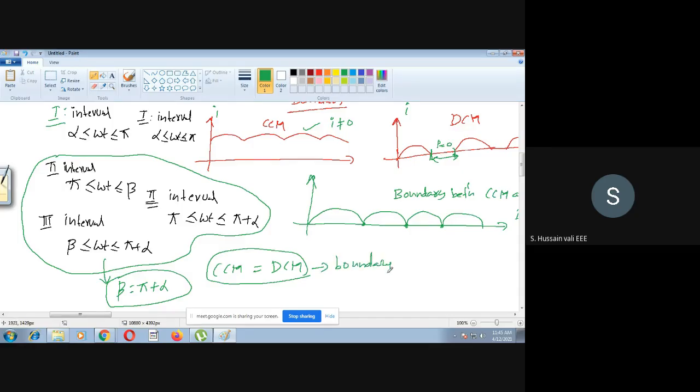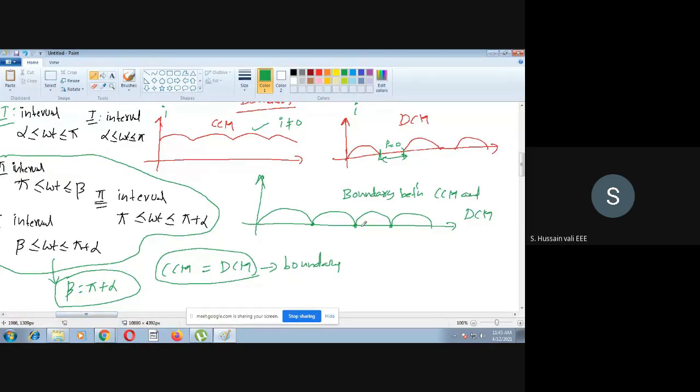One thing to understand here is what is meant by boundary. In continuous conduction mode we have seen very clearly that you have two intervals, interval number one and interval number two. In discontinuous conduction mode, you have three intervals. This part is the third interval, where I is equal to 0.